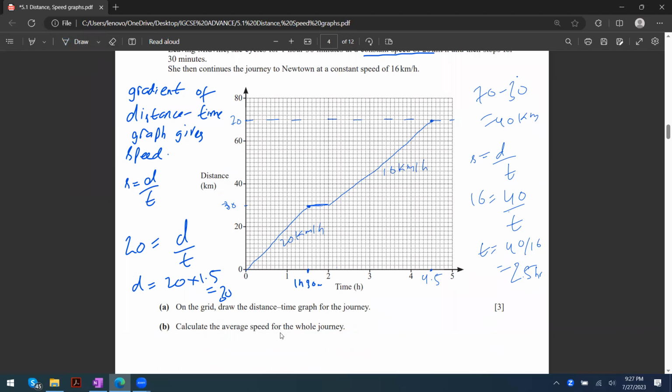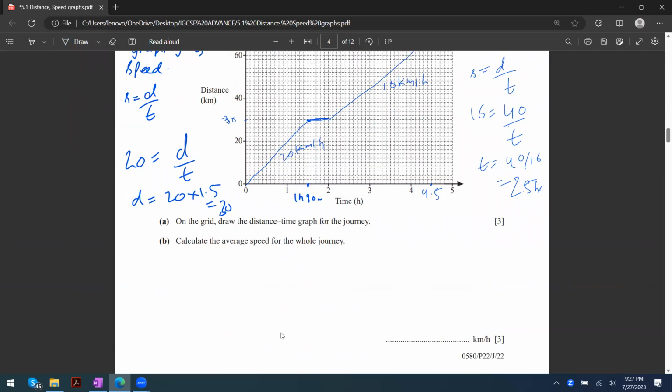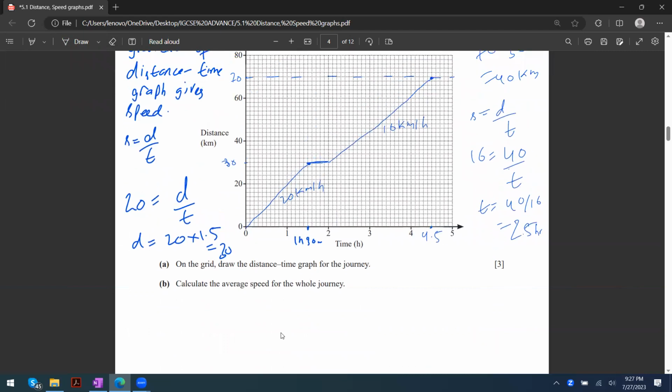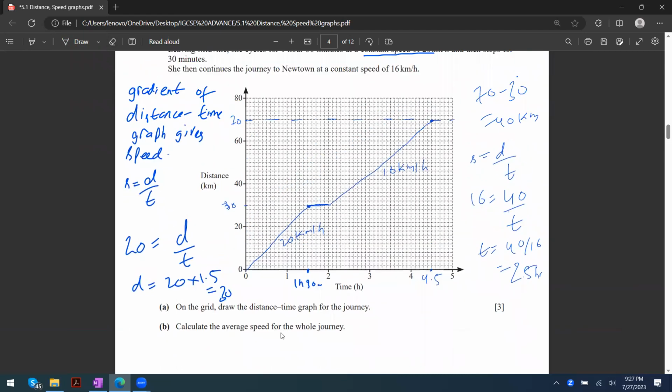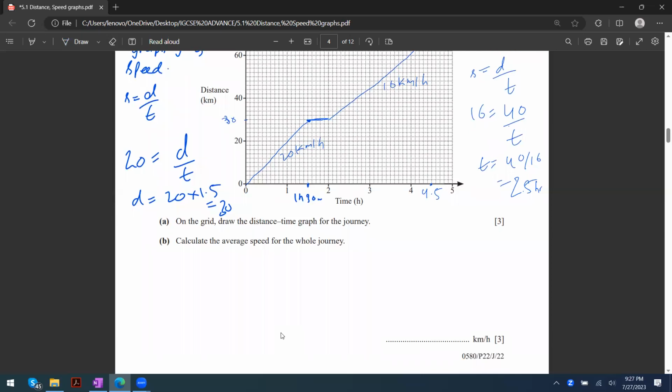Next is calculate the average speed for the whole journey. Average speed is total distance over total time. Total distance is 70 and total time is 4.5 hours.